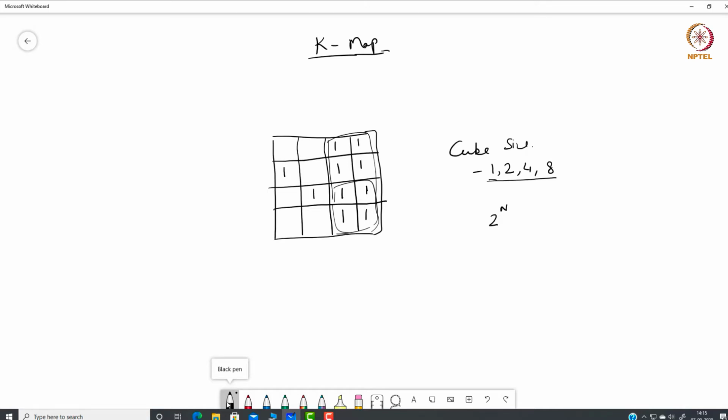If it is sum of products, then each cube will convert to one product term. Let us see a couple more cases.